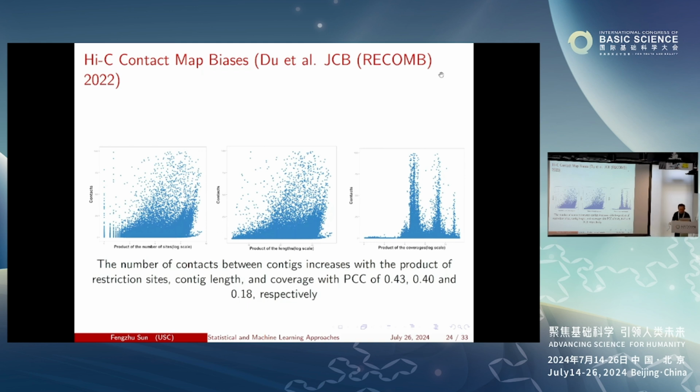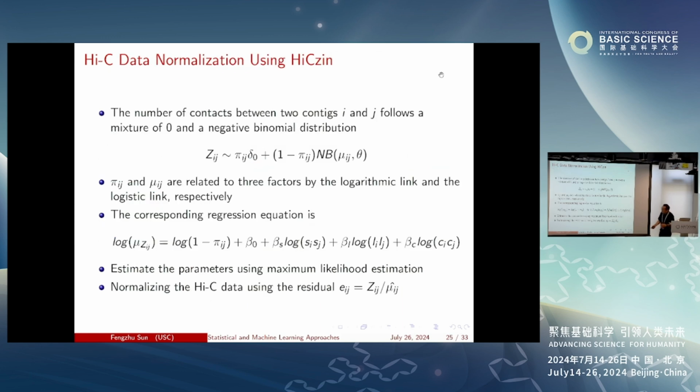My students did some normalization, and we developed a method to analyze those Hi-C data and to study viral-host interaction in particular samples. I think my time is up, so I'm not going to give details on this piece of work, but this student is just amazing.